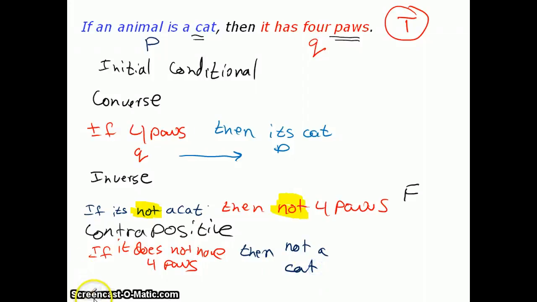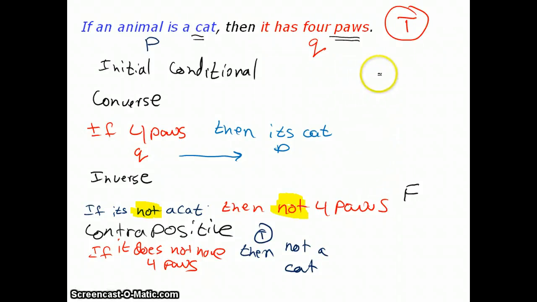Is that generally true or false? True. If I think about this, every time I have an animal that does not have 4 paws, can that ever be a cat? Generally, no.